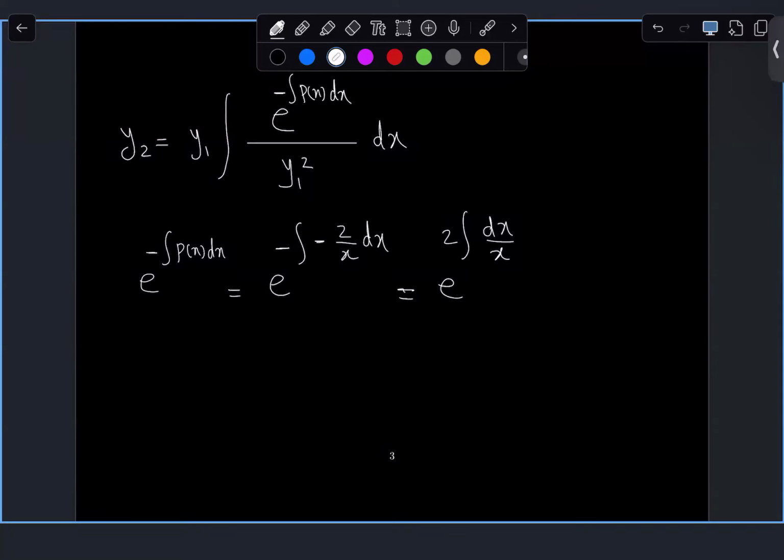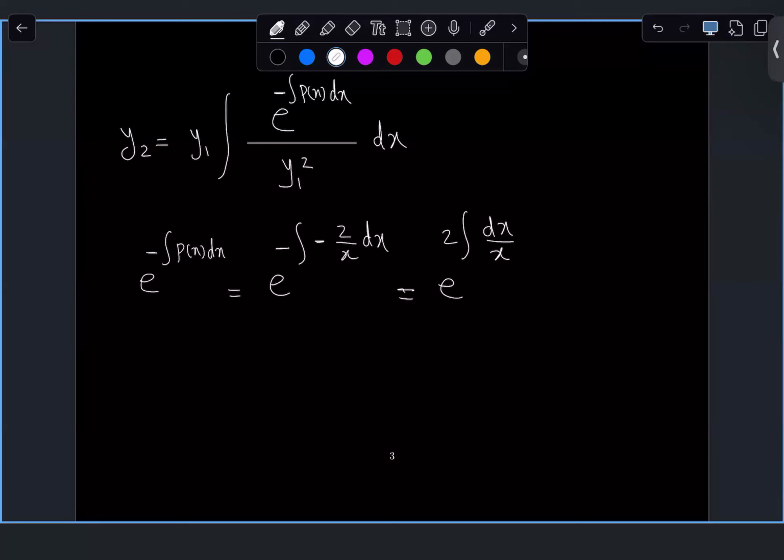It's easier to just move the constants out. So that would be e to the 2 ln x, right? And is this equal to 2x?